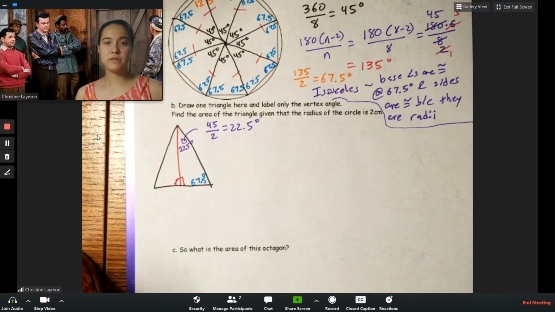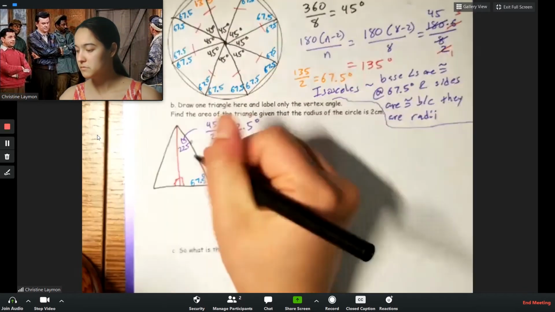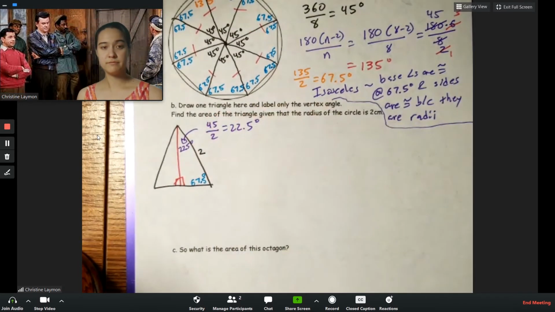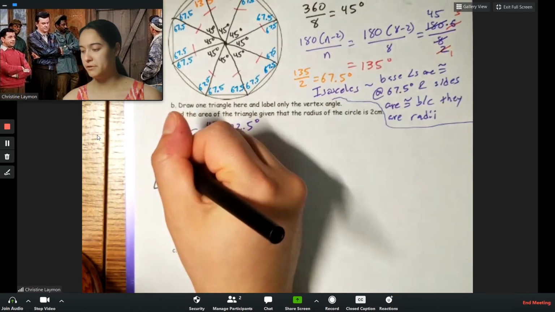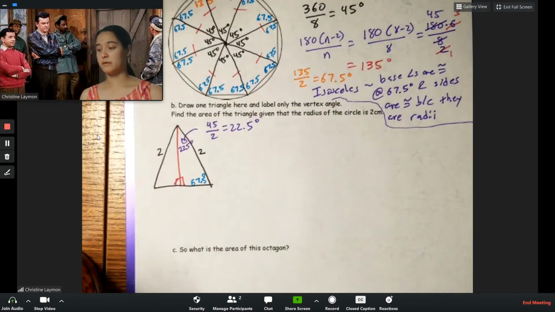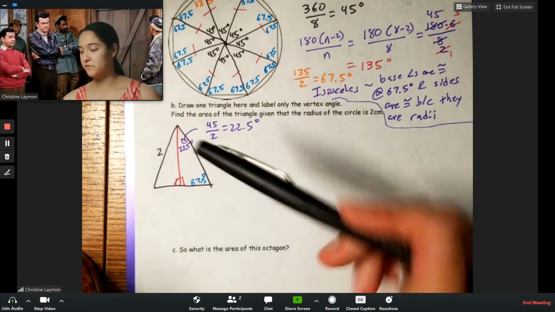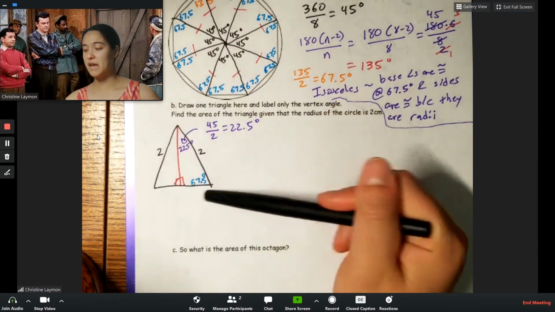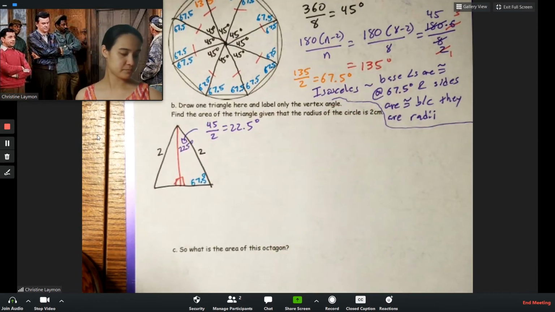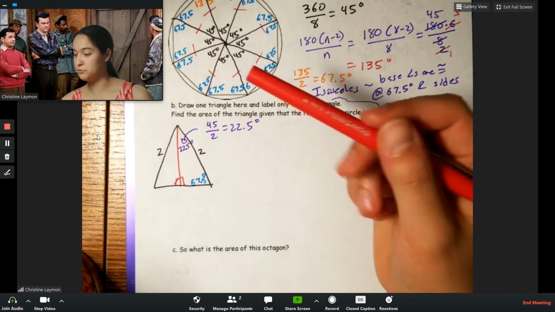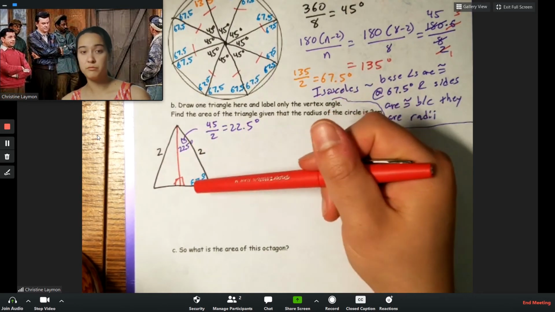Okay, so they told us that the radius of the circle is still 2 centimeters. So that's our 2. And this will be 2 here also. Okay, so this time we have to find the height and we have to find this base. Okay, so I'm going to say we should do this using trig. We can't use special triangles this time. So I'm going to label it with respect to this angle right here.